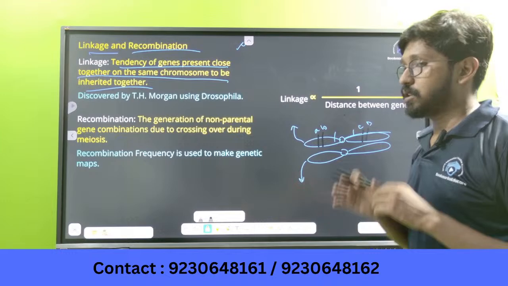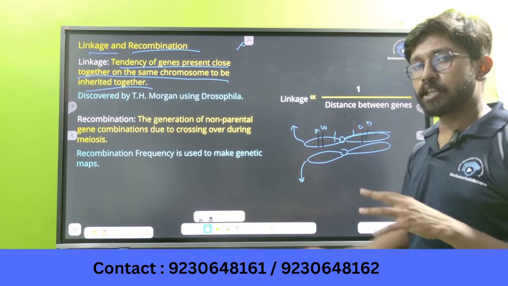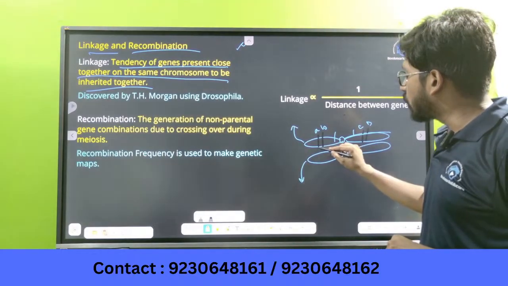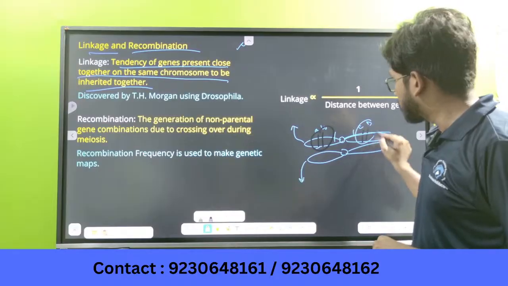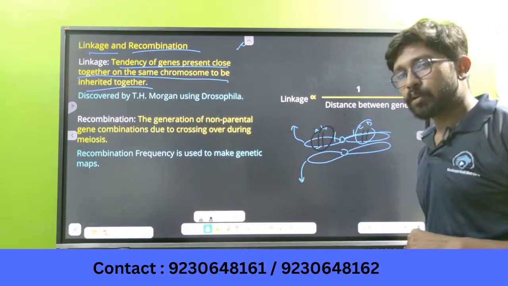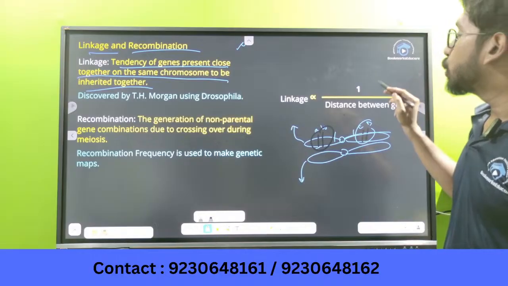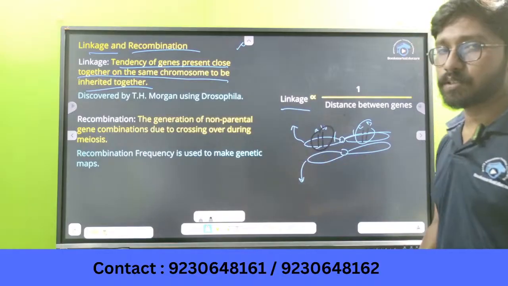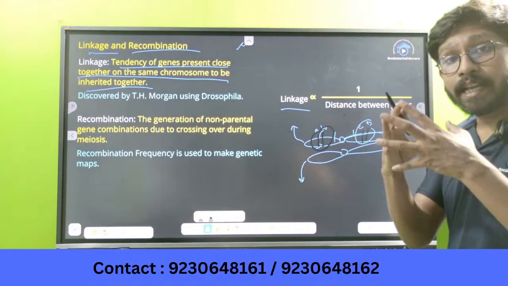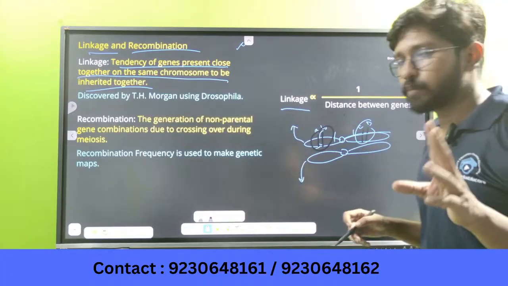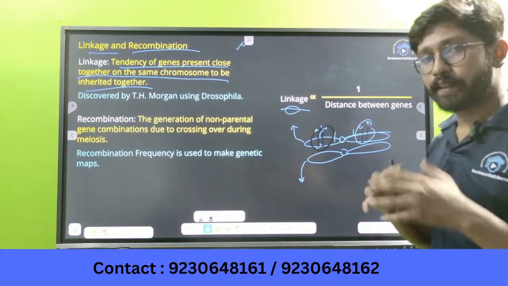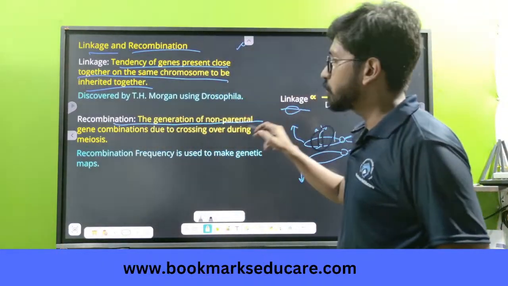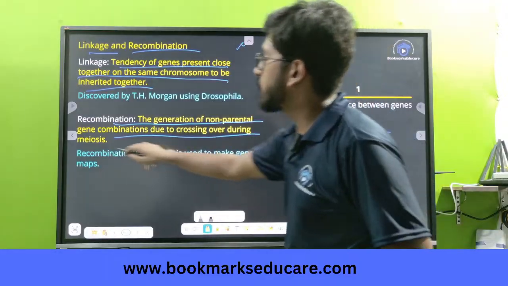In the majority of cases that we study as a normal baseline hypothesis, they will always separate together. So that is what our scientist T.H. Morgan named linkage, as in these genes are linked together. Okay, you are with me? At the same time, recombination: generation of non-parental gene combination due to crossing over during meiosis.